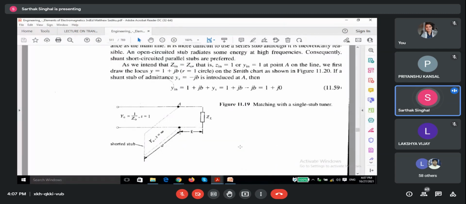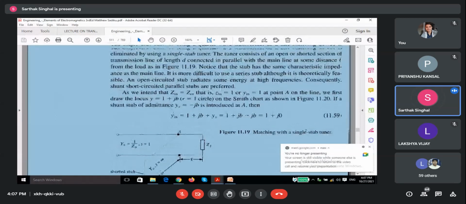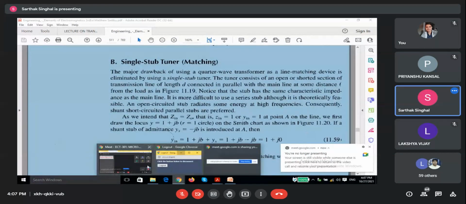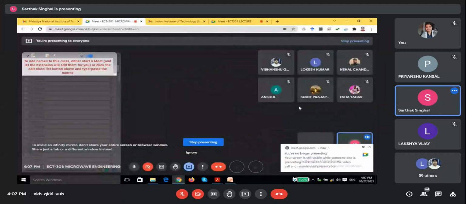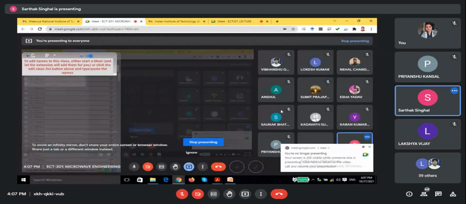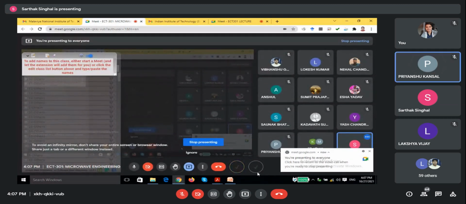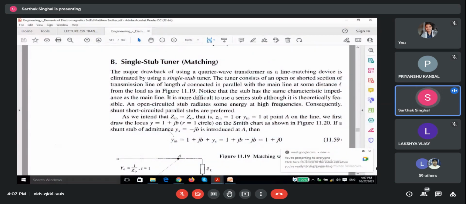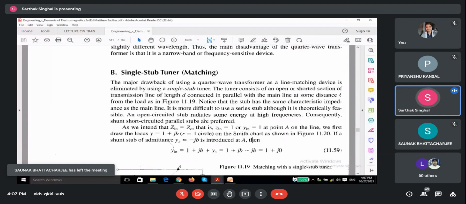So in the last lecture, we talked about the quarter wave transformer for impedance matching.